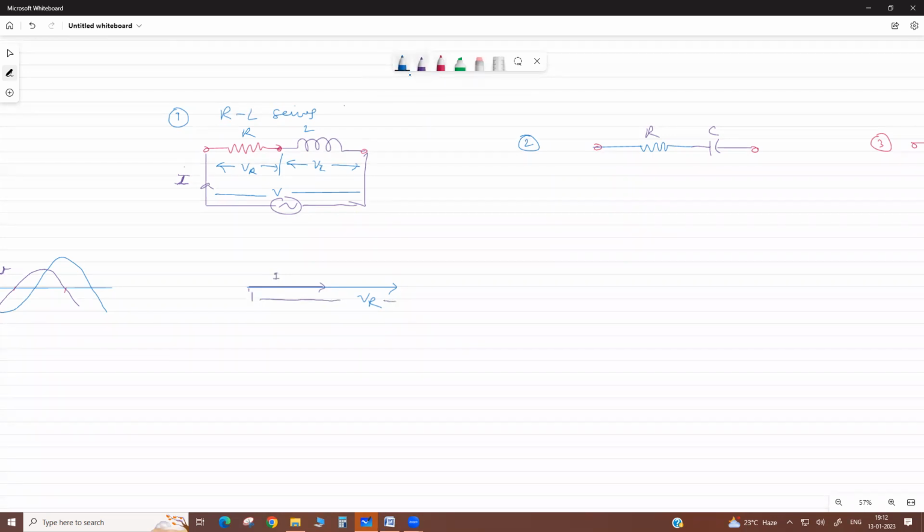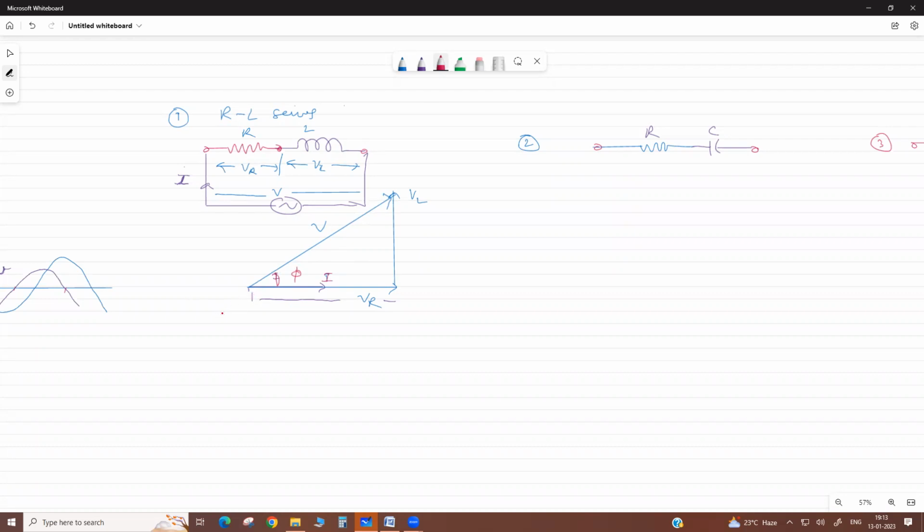Now the inductive drop is perpendicular to this. So if we calculate, this will give you the total source voltage V. Now, total voltage and this total current, this angle is phi.